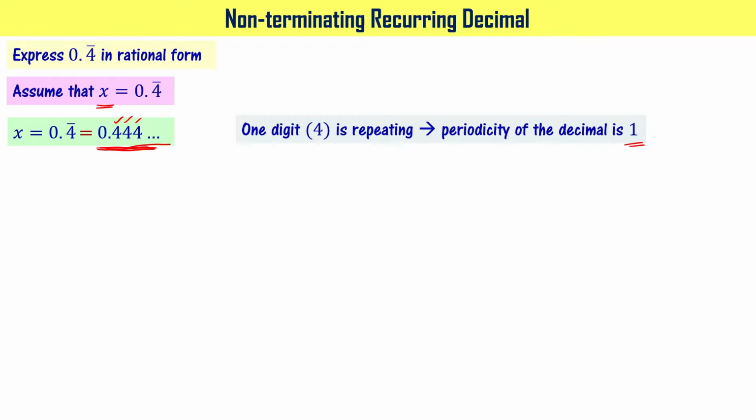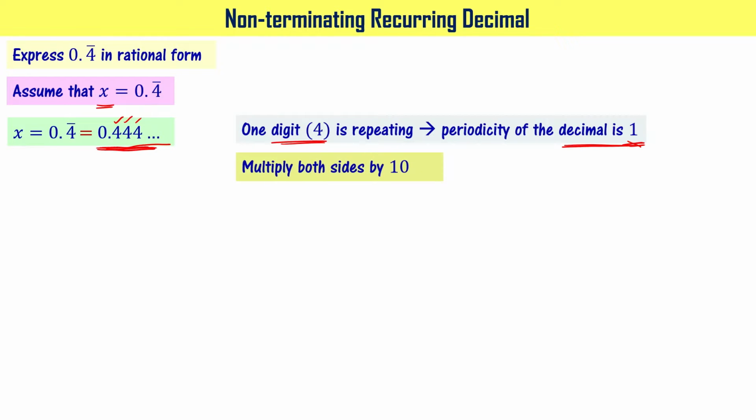Since only one digit is repeating, we say that the periodicity of the given decimal is 1. For that reason, x equal to 0.4444 has to be multiplied by 10 on both sides. Why 10? Since only one digit is repeating, I want to have only one zero after 1. That's why it is 10.